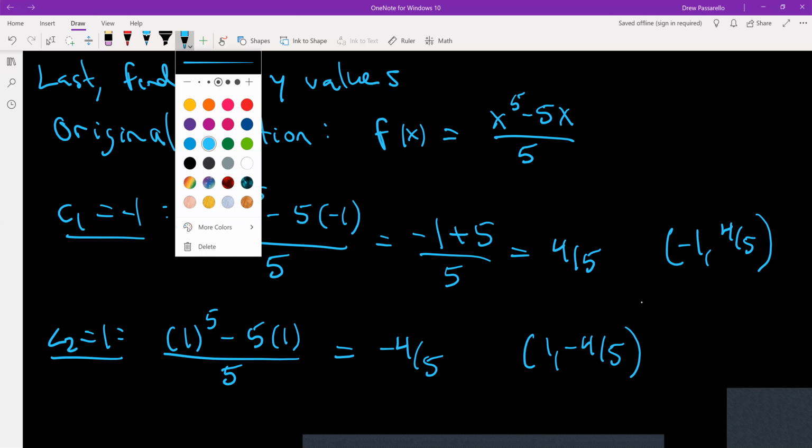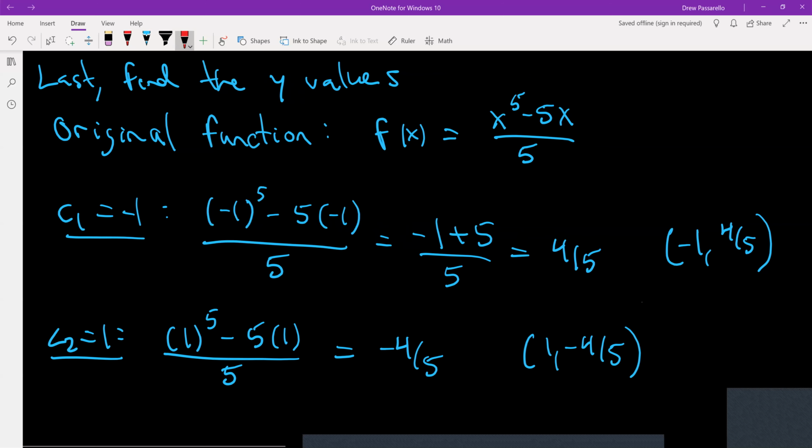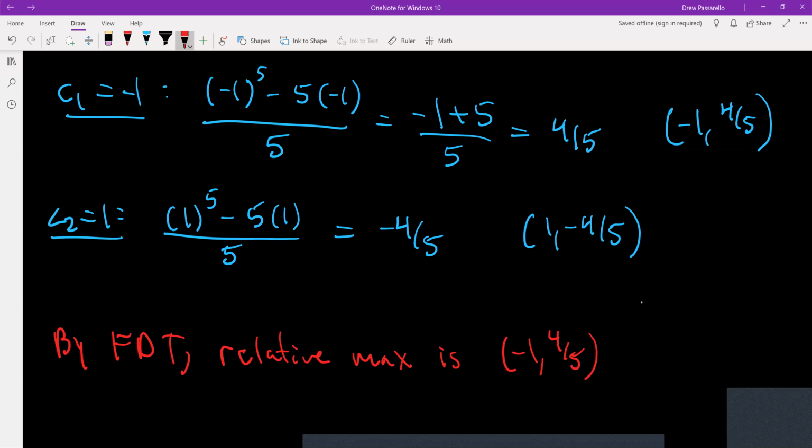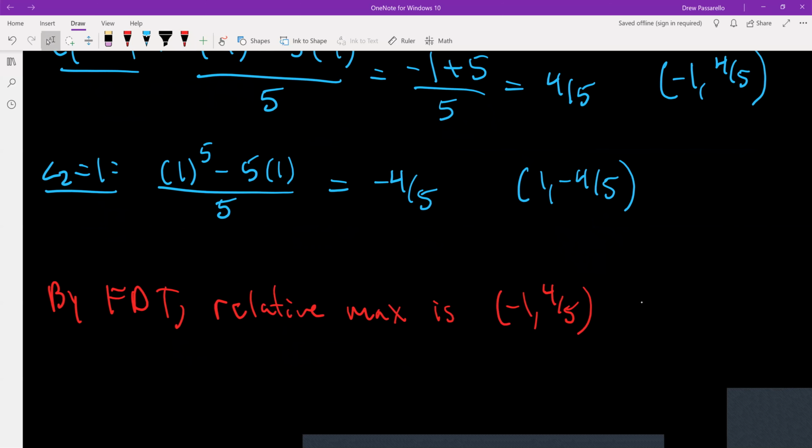We can now say by the first derivative test, and I'm using FDT, we have a relative max at the point -1 comma 4/5. And then relative min at the point 1 comma -4/5.